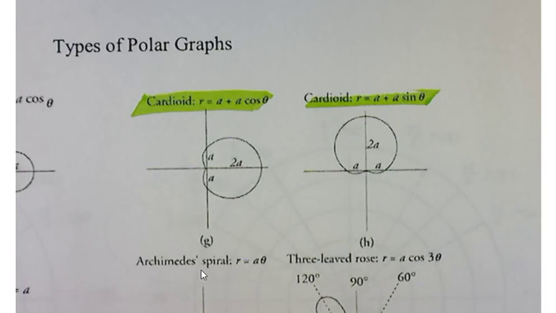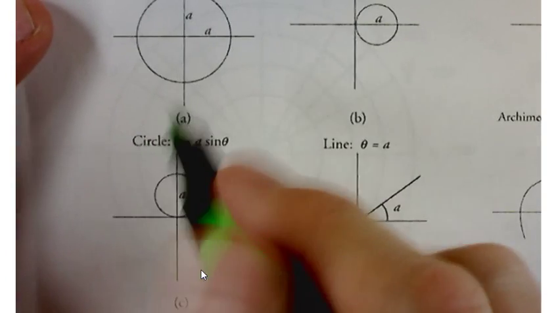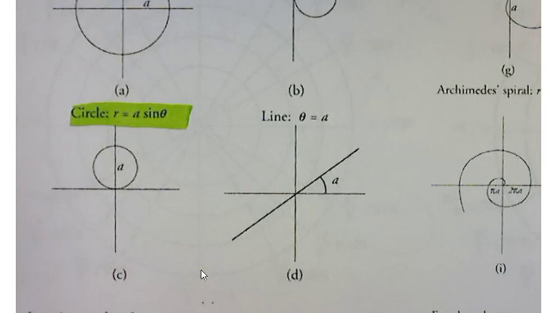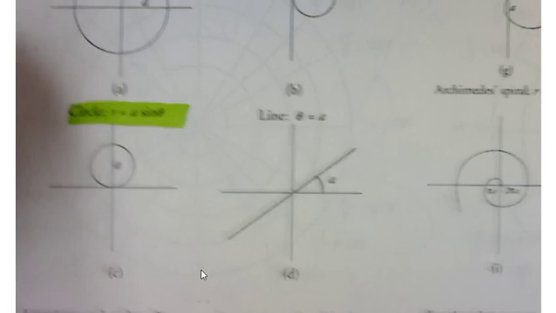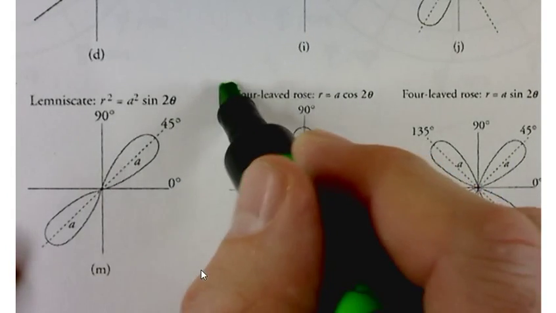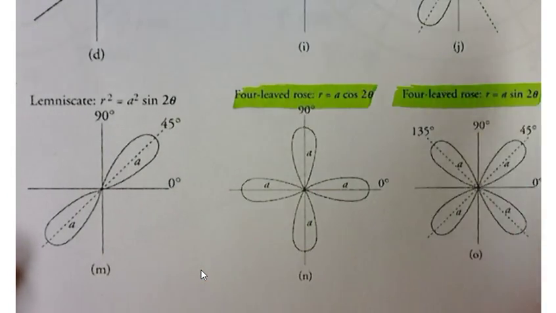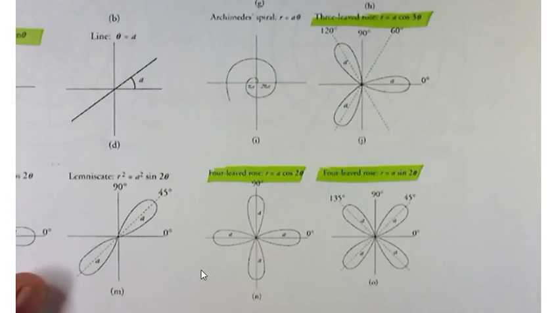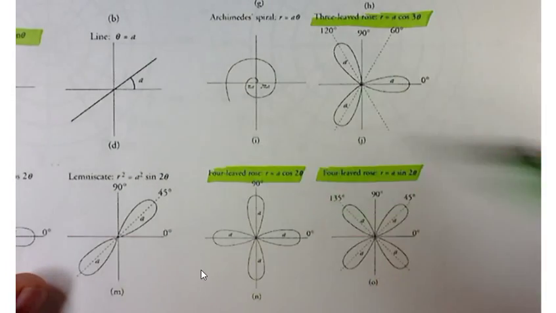We can also look at circles. And we dealt with our roses. So these last several here are all basically different forms of what we just dealt with.